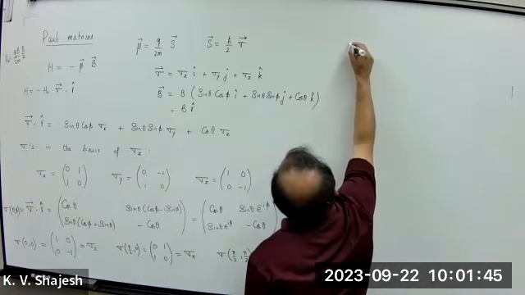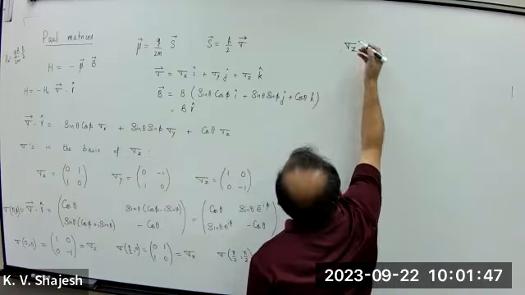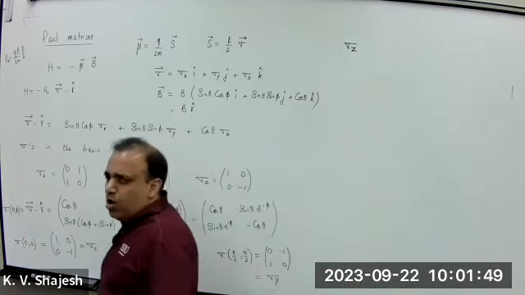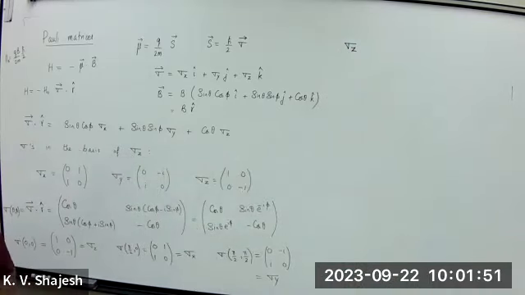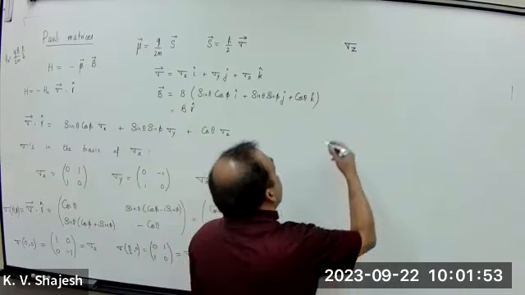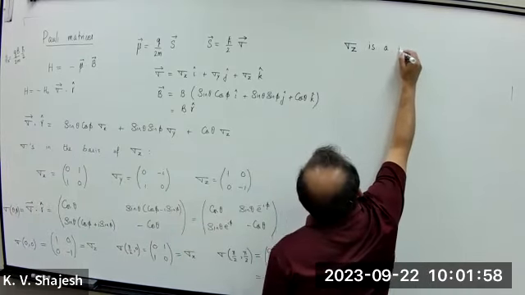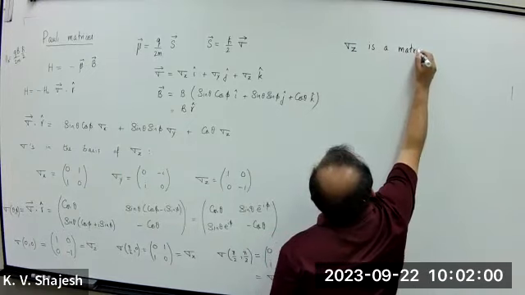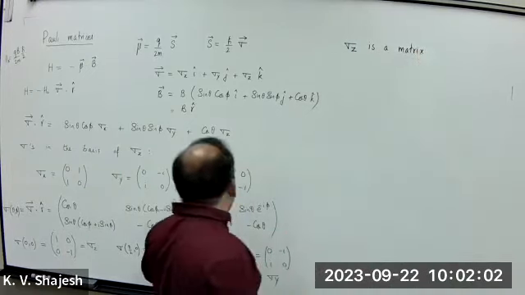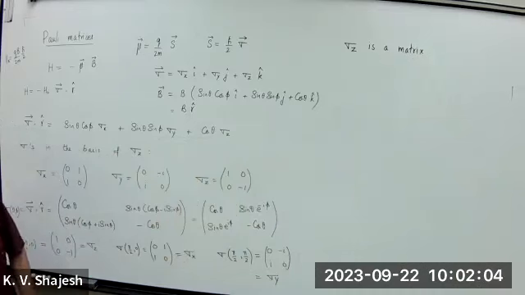To begin with, I don't know its eigenvectors. Sigma z is a matrix.